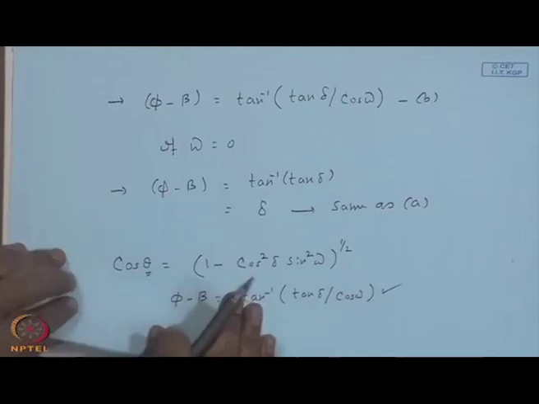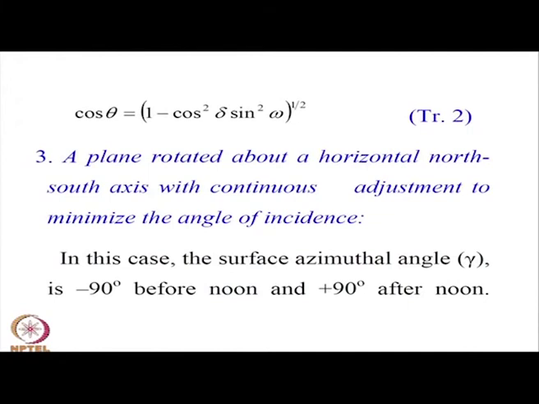This is also a single axis tracking mode. So, we come to the third tracking mode, which is a horizontal north south axis with continuous adjustment to minimize the angle of incidence.